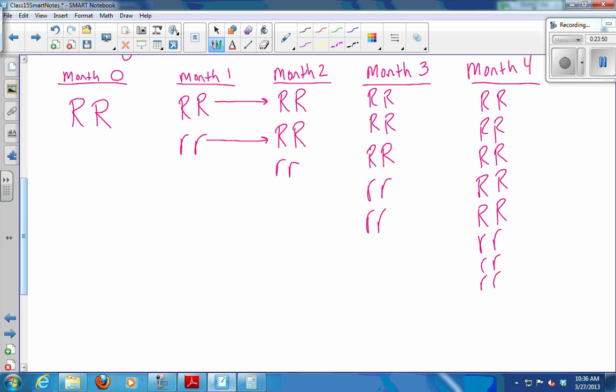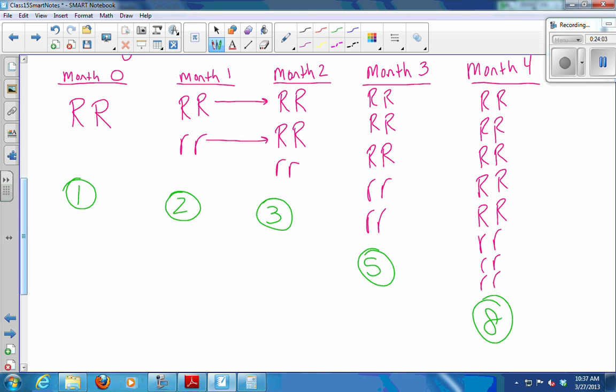So if we count the number of pairs in each month, we've got 1, 2, 3, 5, 8. How many do you think will be in month 5? 13. Yep. This is the Fibonacci numbers.